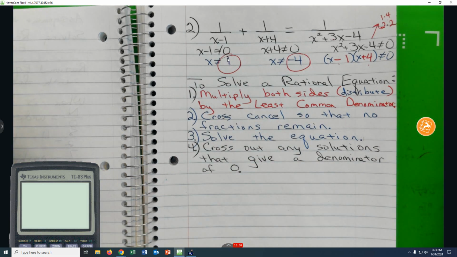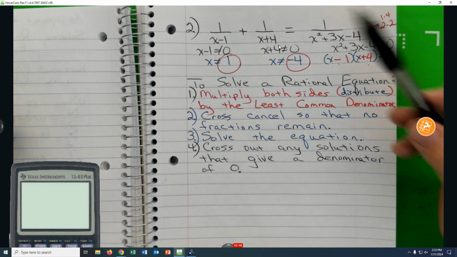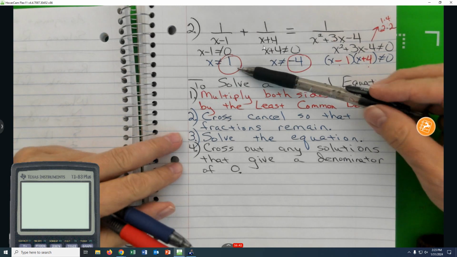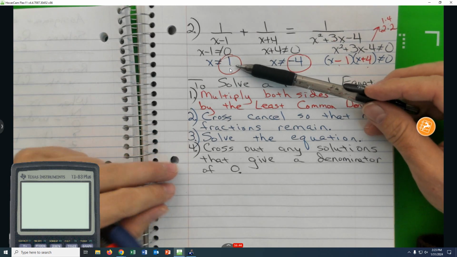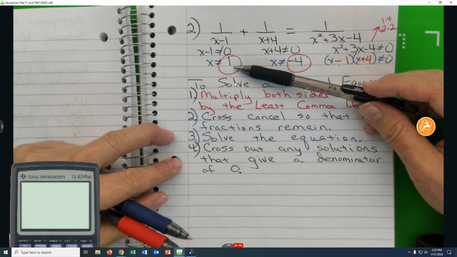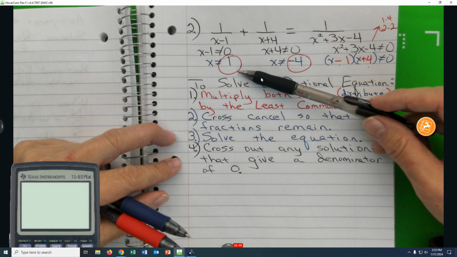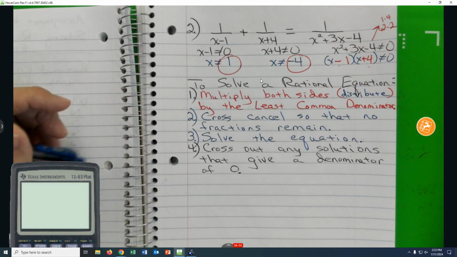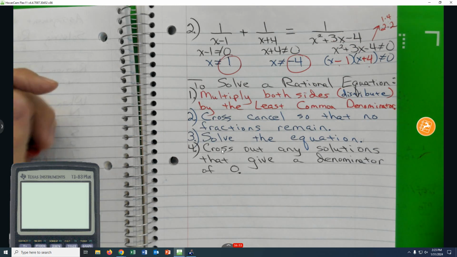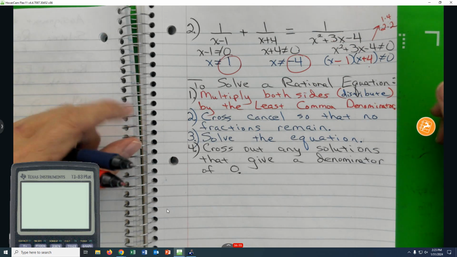That's why you were doing problems 1 and 2. If we had solved number 2 and found out that one of the solutions was 1, we'd have to cross it out because 1 would give a denominator of 0.